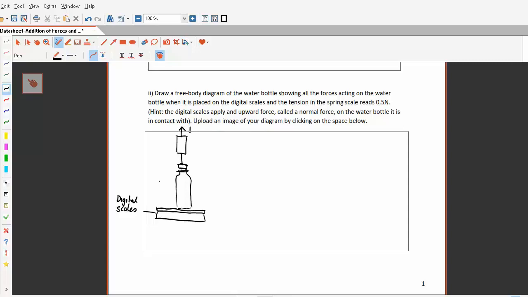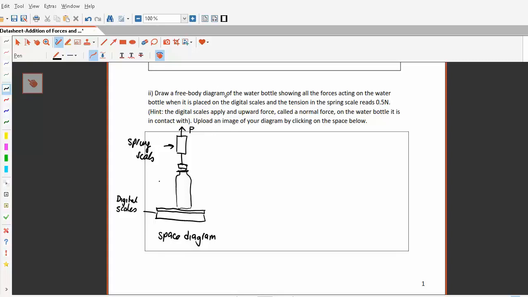So I'm going to be pulling upwards with a force here. I was labeling my spring scales. So this is what we call a space diagram. It is a sketch of the actual situation.